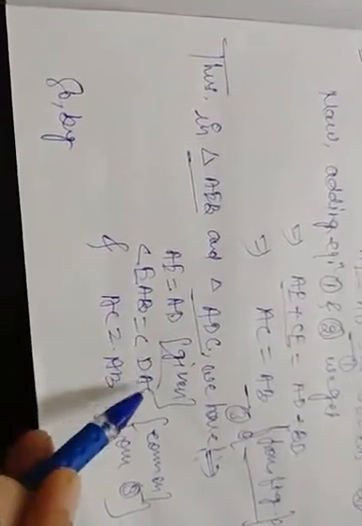Okay, so two sides and the included angle between them are equal to each other in both the triangles.